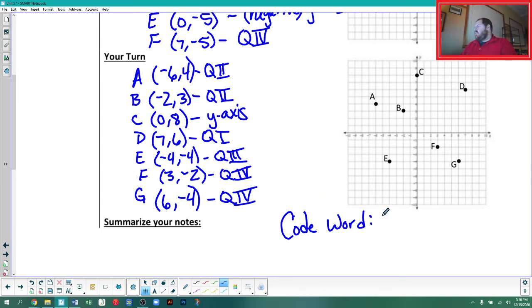It'll typically be the first question on there, and it'll be worth the points to get credit for the mastery challenge. The code word for this lesson will be coordinate.